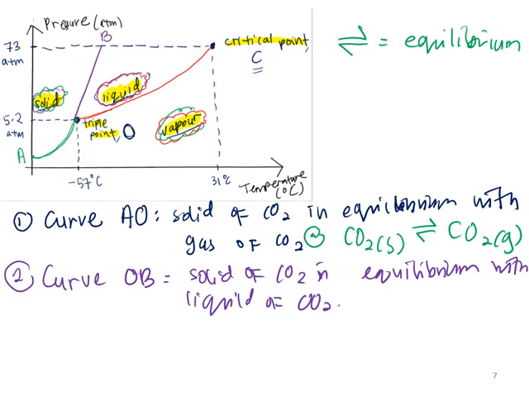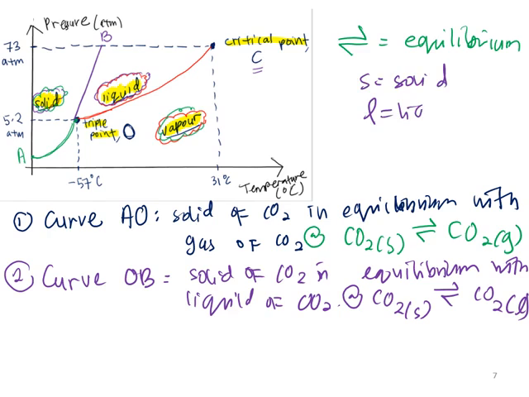Betul tak? Ataupun pelajar boleh gunakan simbol iaitu CO2 solid in equilibrium with the CO2 liquid. S adalah solid, L ni adalah liquid, G adalah refer kepada gas punya simbol.